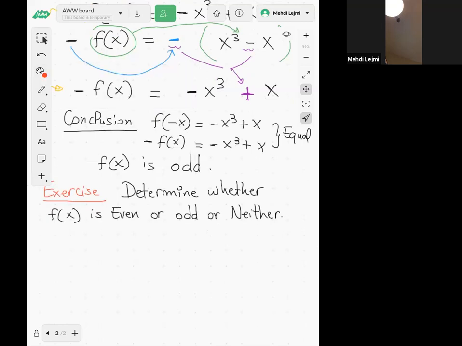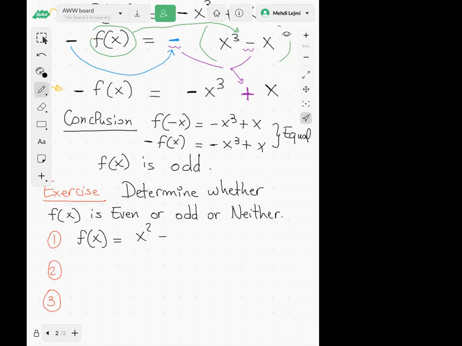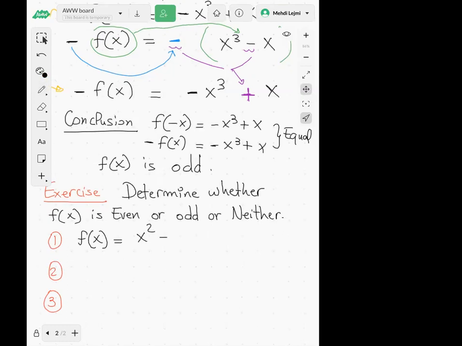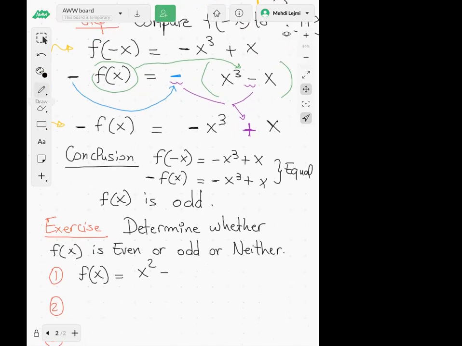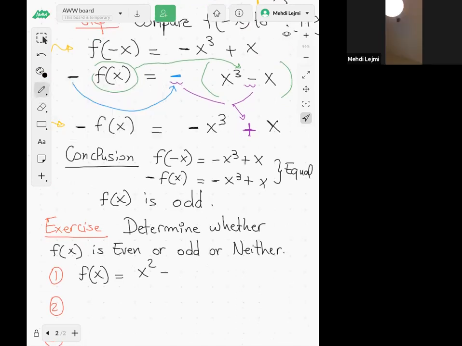Right, so number one, number two, number three. For number one, say f of x is x squared minus x.